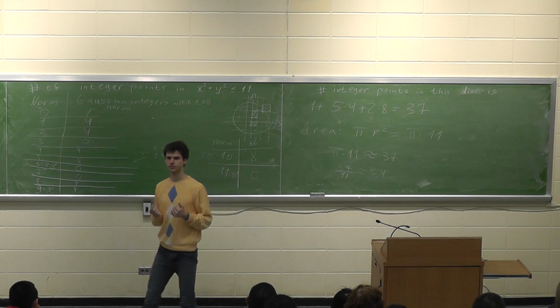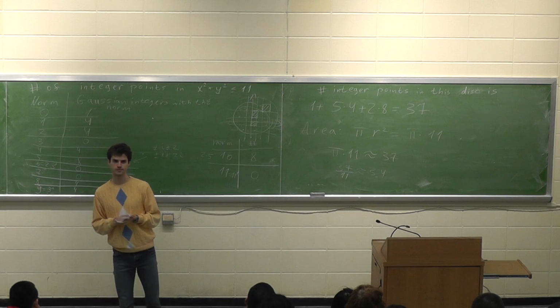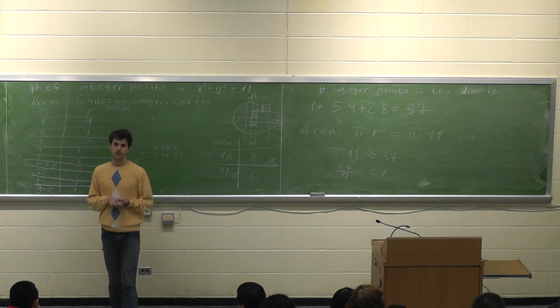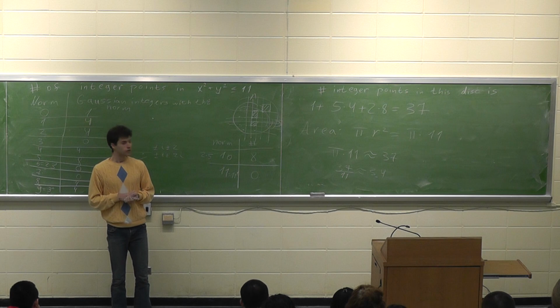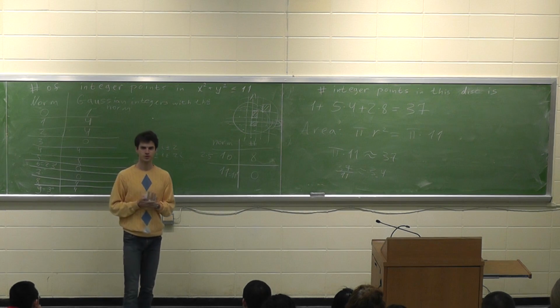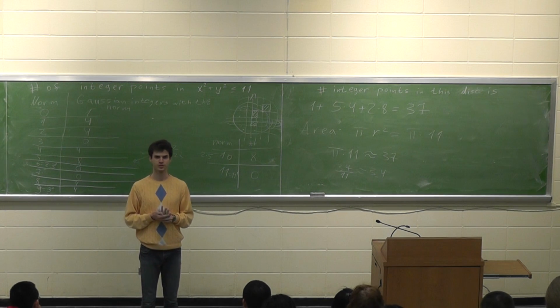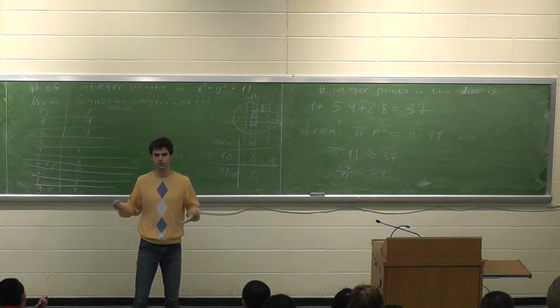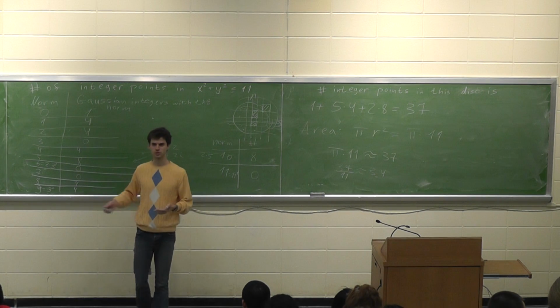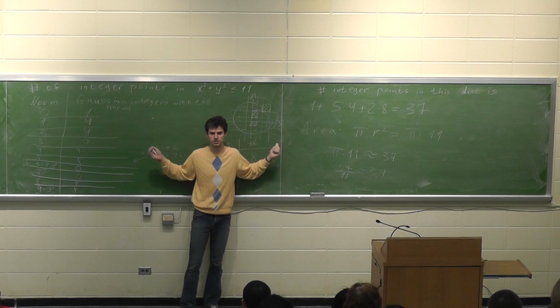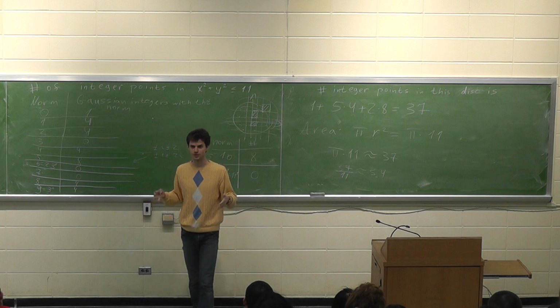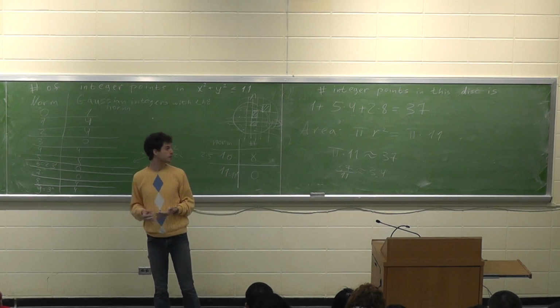Okay, so maybe any questions about this? Okay, so the good news is we covered all the material that is going to appear on the final exam. So Gaussian integers and this last theorem is the last material for the course.